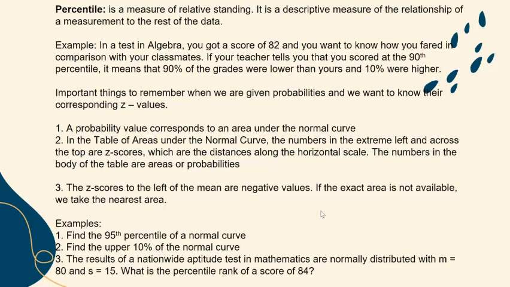The numbers in the body of the table are areas or probabilities. Lastly, the z-scores to the left of the mean are negative values. If the exact area is not available, we can take the nearest area. So we have three examples to understand finding percentile better.